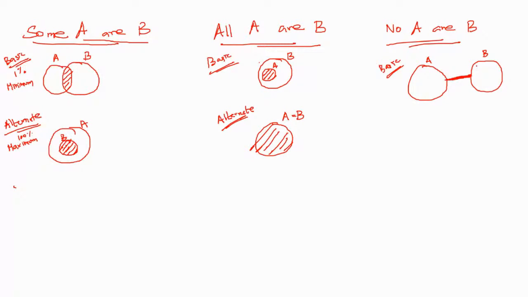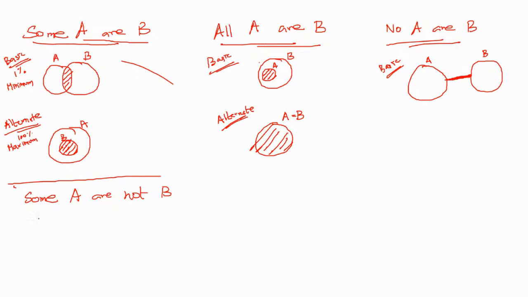That is the way this can be represented. And another statement is also there. These three were the major statements, and sometimes "some A are not B" also comes.